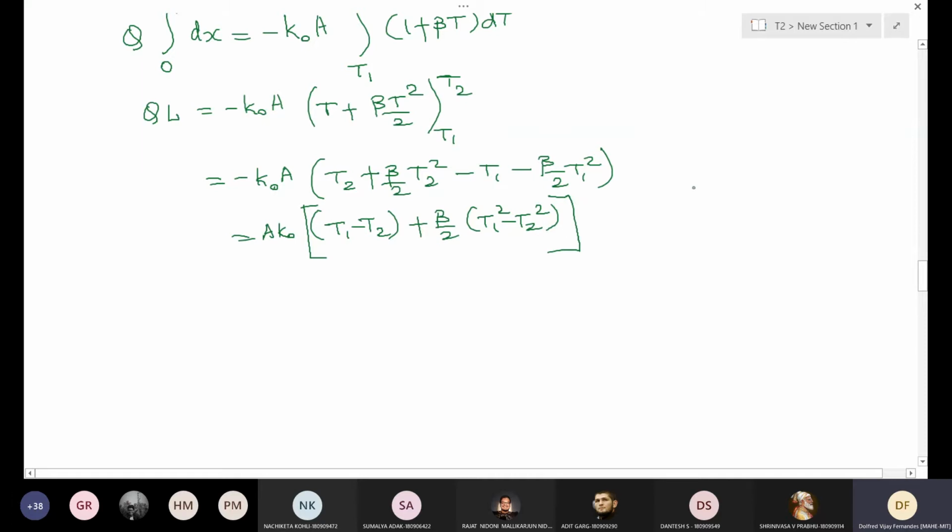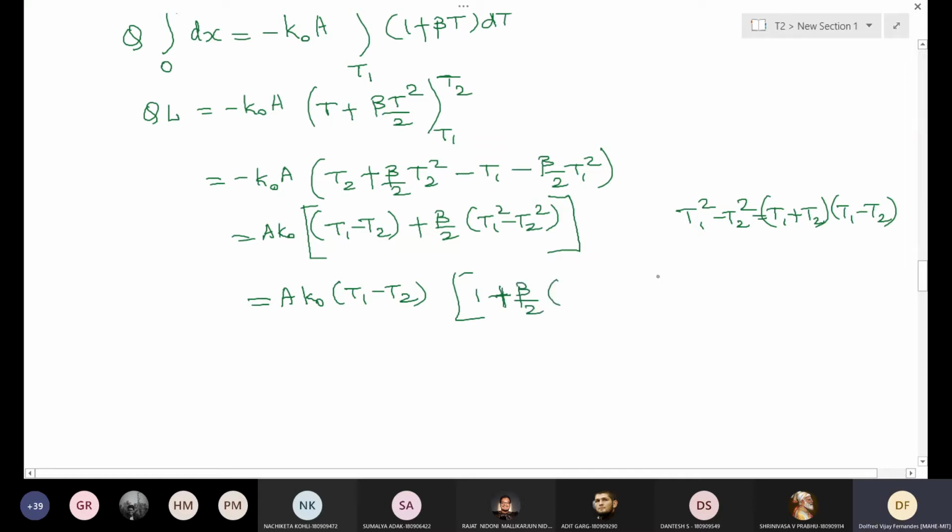So T1 squared minus T2 squared can be written as T1 plus T2 into T1 minus T2. So you can take out that factor T1 minus T2 and you can write this as A into K0 into T1 minus T2 taken out, so 1 plus beta by 2 into T1 plus T2.